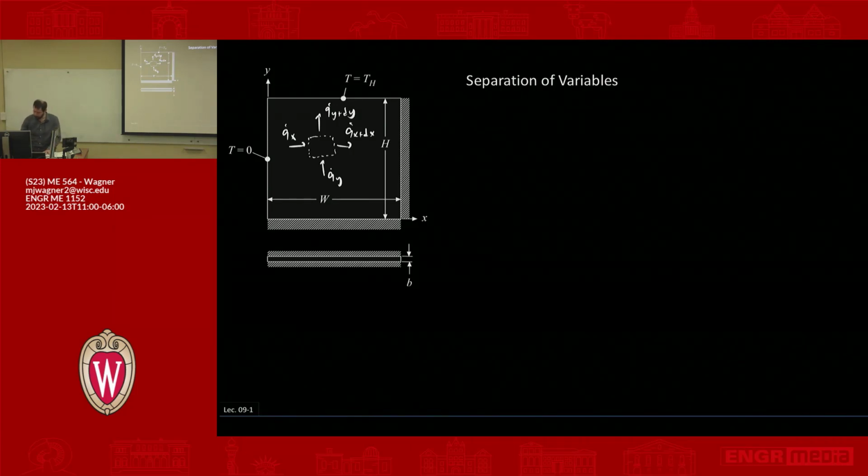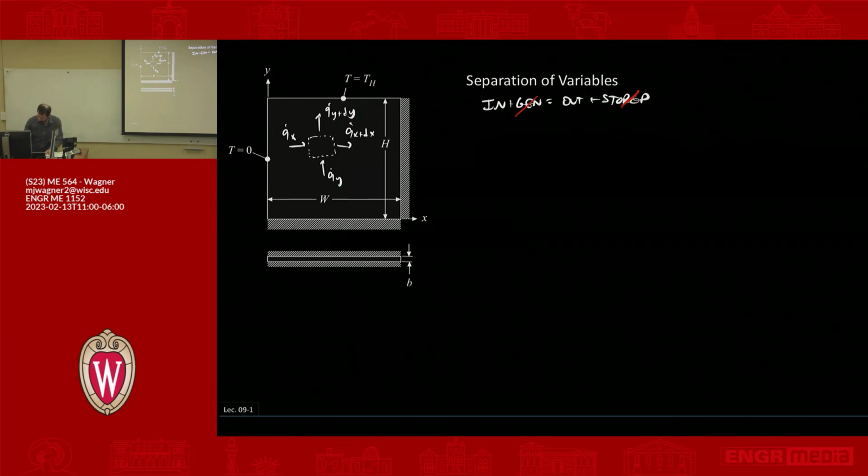OK, so let's write out the energy balance here. Again, remember we have in plus generated equals out plus stored. We are saying generated is nothing and stored is nothing, so we just have in equals out. In is going to be q dot x plus q dot y, and out is going to be q dot x plus dx plus q dot y plus dy.